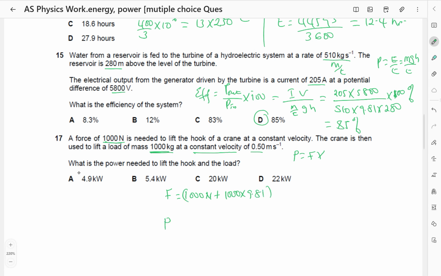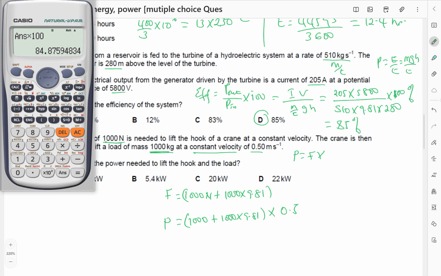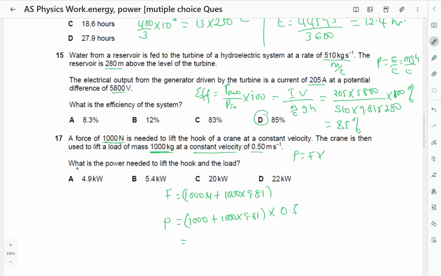Therefore, the power is simply 1,000 plus 1,000 times 9.81, that is the total force, times the velocity of 0.5, which is giving us 5405, approximately 5.4 kilowatts. So the answer will be B.